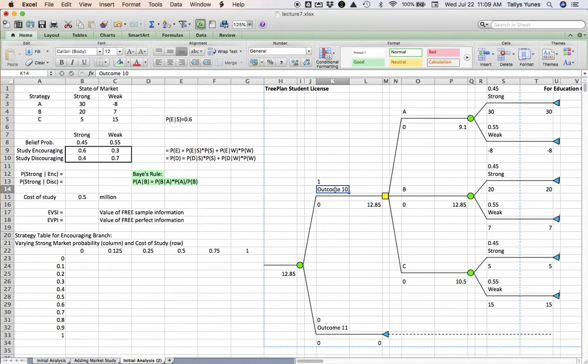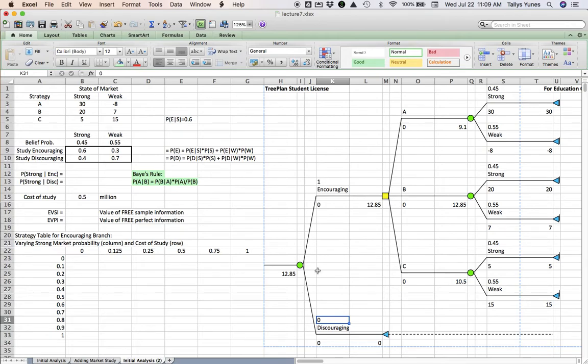And let's say at the top it was encouraging. And at the bottom it was discouraging. Great. And we're going to have to figure out what is the chance of encouraging, what is the chance of discouraging, just like we did chance of strong, weak. But let's first just build all the branches of the tree, then we come back and put in the data.